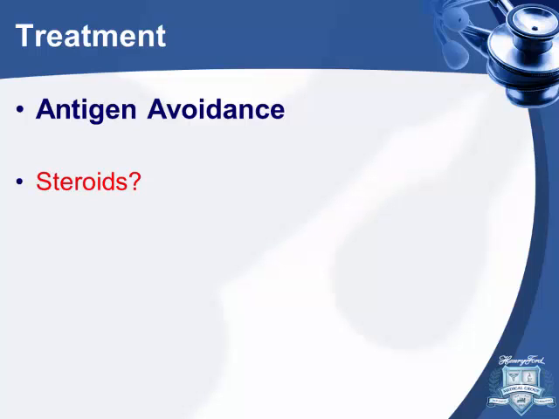There have been case series and some studies regarding steroids, but nothing really concrete. So I can't really give a recommendation about using steroids and when. There's not really good evidence out there. So it's basically just antigen avoidance and making sure that you get the right diagnosis, not missing anything else.